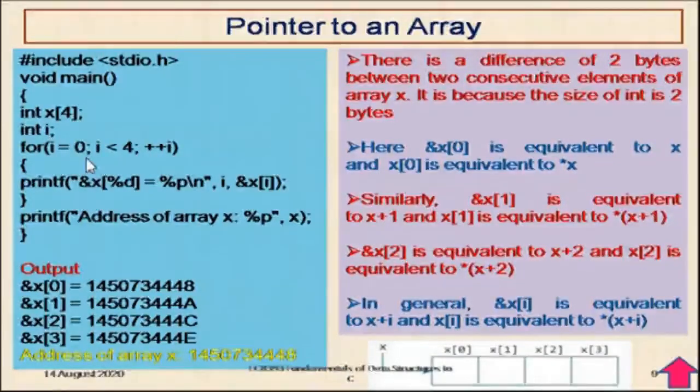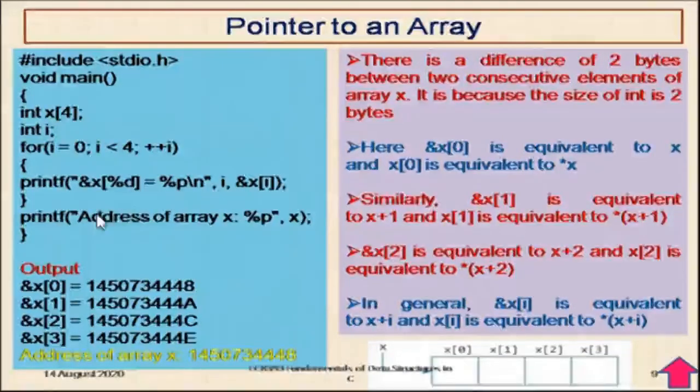Now i is equal to 0, so x[0], which provides us the address of x[0], which is nothing but the base address of the array. Simply x or address of x[0] are one and the same, that we will see here. So this array variable x itself is a pointer, because x holds the starting address, the base address of the array.